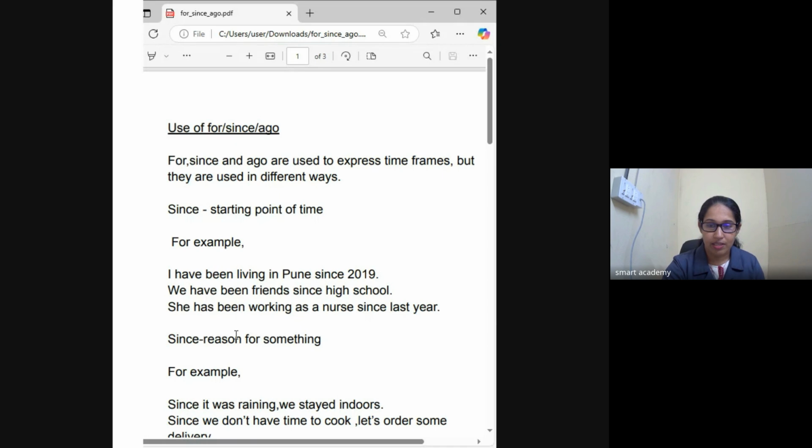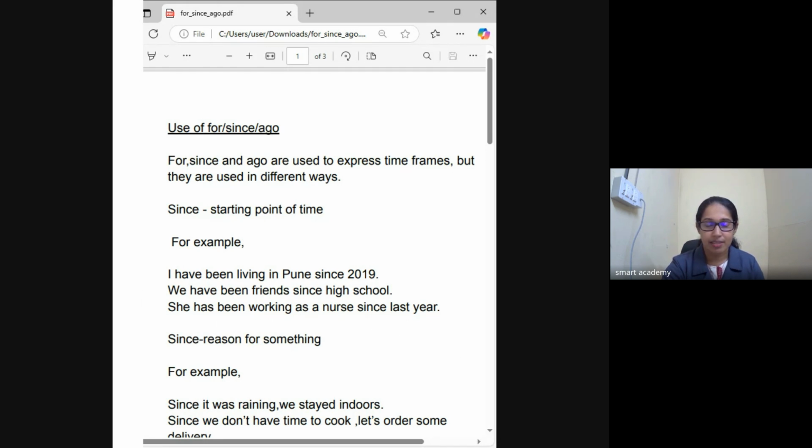We discussed that since is used to show the starting point of time when something happened in the past. To show the starting point of time, we use since. Can you make some sentences using since?